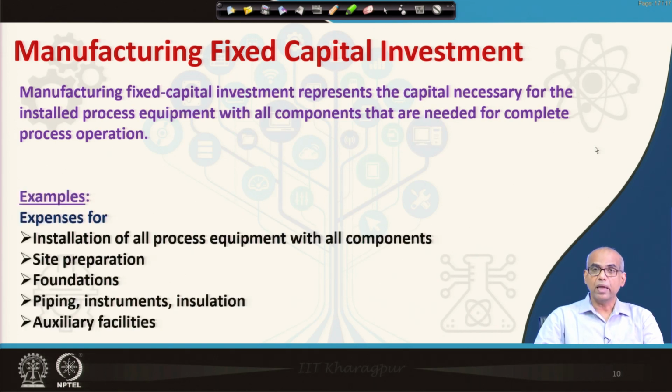For example, expenses for installation of all process equipment with all components, site preparation, foundations, piping, instruments, insulation, auxiliary facilities, all these expenses will be considered as manufacturing fixed capital investment.